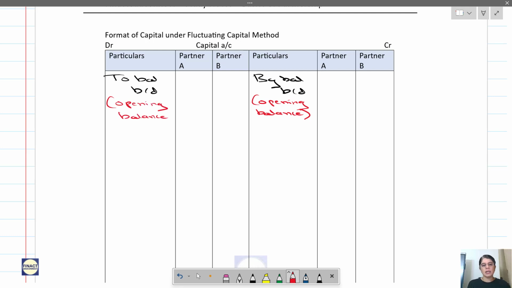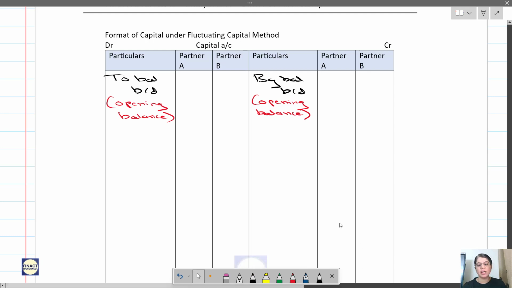You can write it along with me. It is nothing but a combination of capital and current account, whatever we prepared in the last method, that is fixed capital method. This is just a combined account because there is only one account.